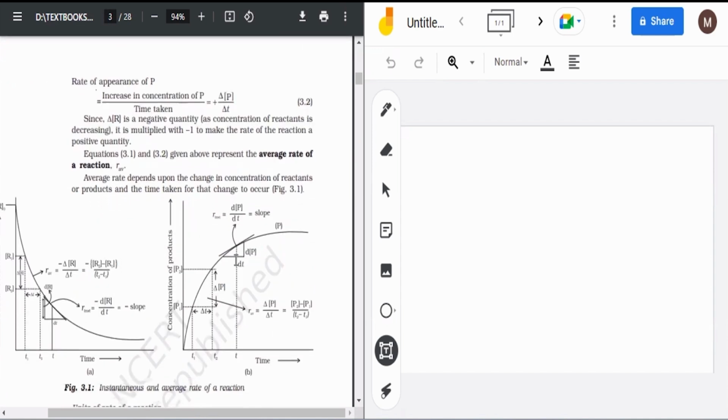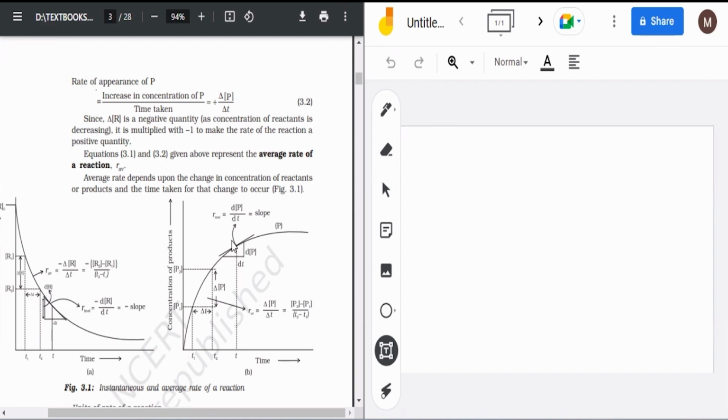Now, what is the average rate of reaction? The rate of reaction is something which is differential, like we have to check it at every moment. But the average rate is nothing but the final concentration minus the initial concentration divided by the total time taken. We don't have to consider what has happened between these two points. If the initial concentration is here and the final concentration is here, you don't have to worry about how it reached there.